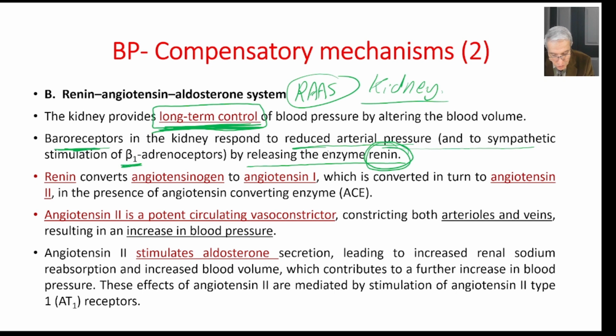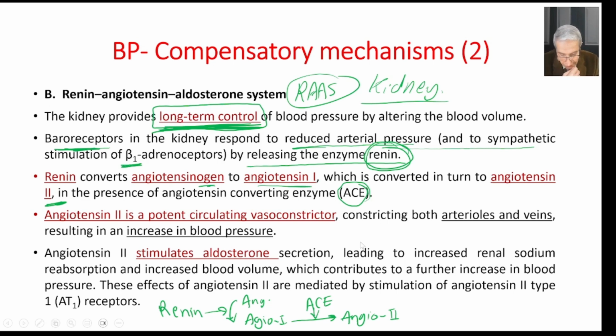So this enzyme is very important. The kidney produces an enzyme called renin. Renin is responsible for converting angiotensinogen to angiotensin 1, and angiotensin 1 will be converted to angiotensin 2 under the effect of angiotensin converting enzyme.